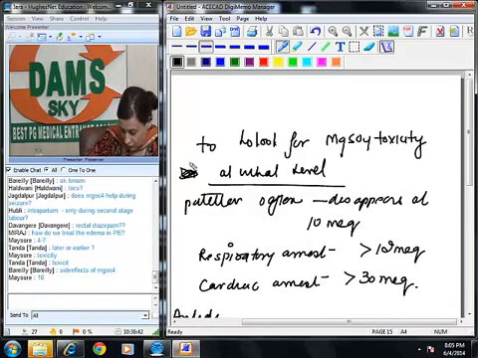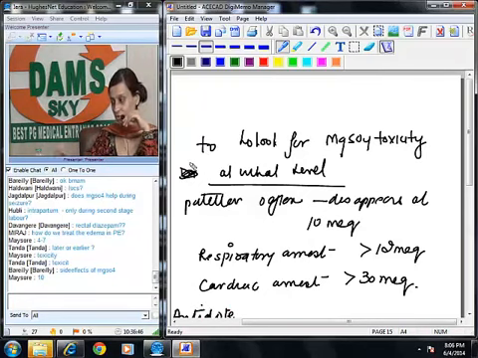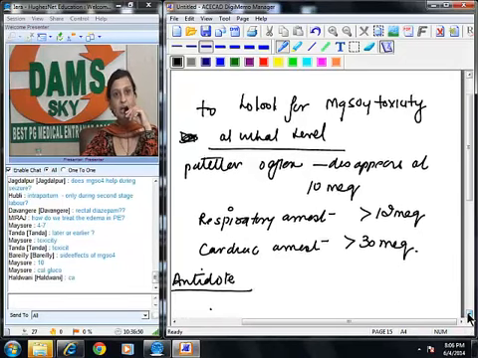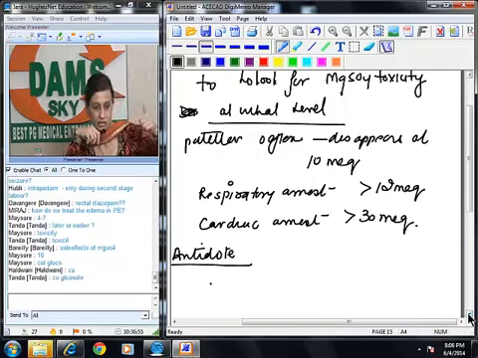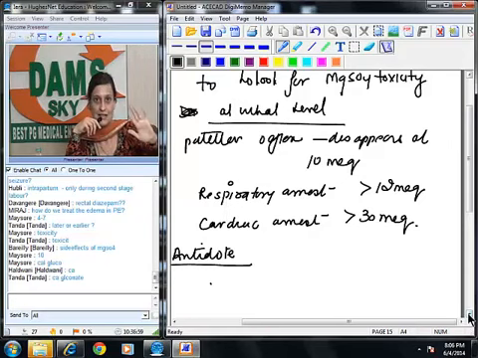Now what is the antidote? If there is magnesium sulfate toxicity, then what is the antidote? So first you should know, for example, I want to give the maintenance dose, right? And if any of these 3 things is absent, that is patellar reflex, respiratory rate or urine output, I don't give the maintenance dose.